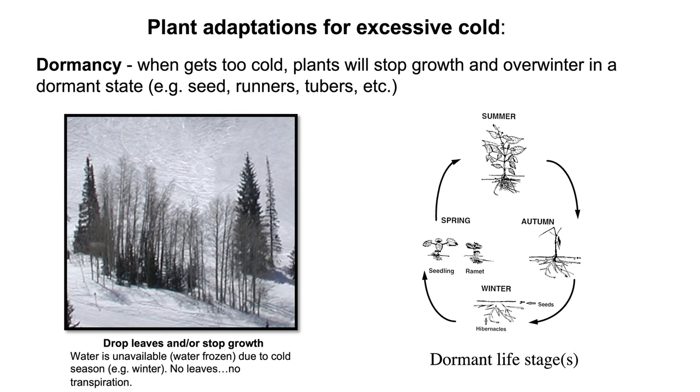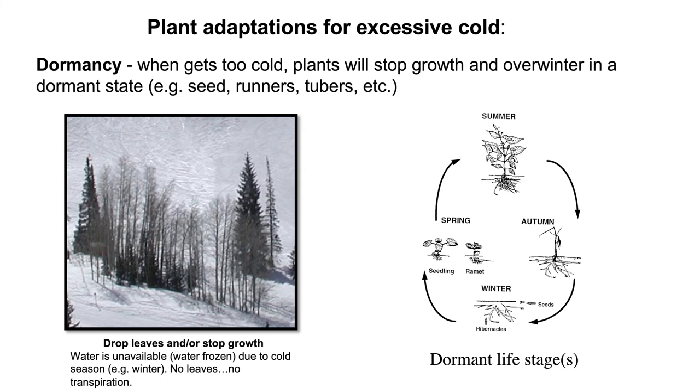One really nice thing about dropping leaves, if you're a deciduous tree, so deciduous trees are trees that drop their leaves, is water is typically unavailable in the wintertime in places that have a strong winter, simply because all the water's frozen up due to that cool season. And basically dropping those leaves reduces your transpiration, and you can deal with those colder temperatures.